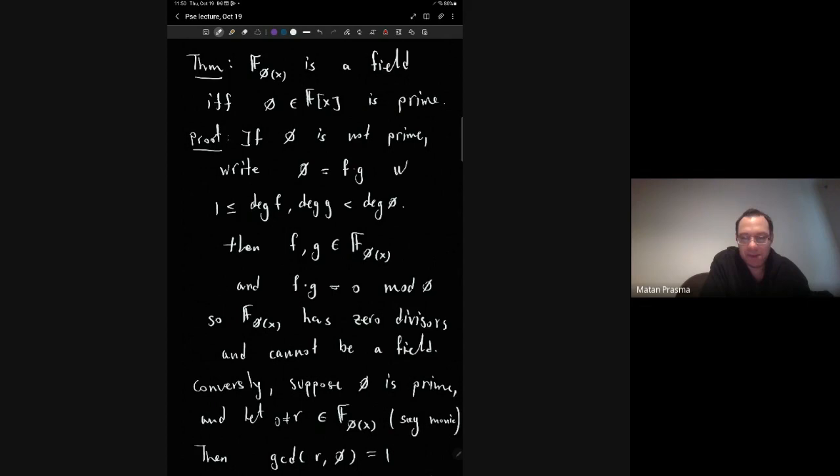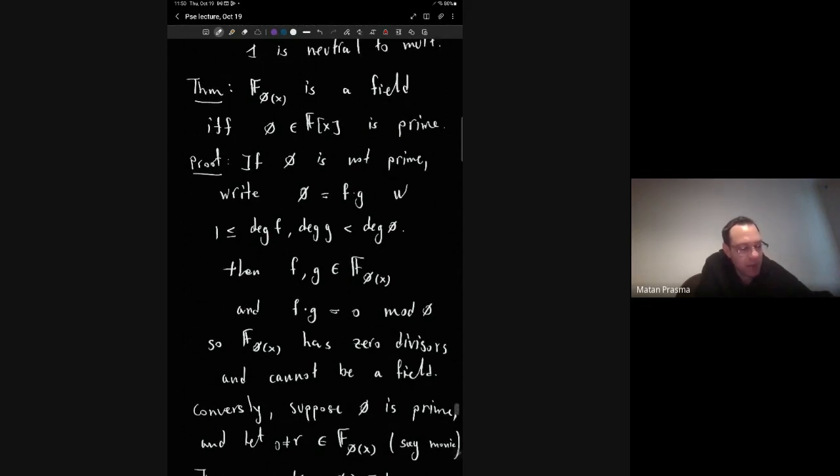Okay, so it's clear, but again, what I want you to take from this is really, if you think of it, this proof is almost exactly the same as the proof that integers modulo a prime are a field.